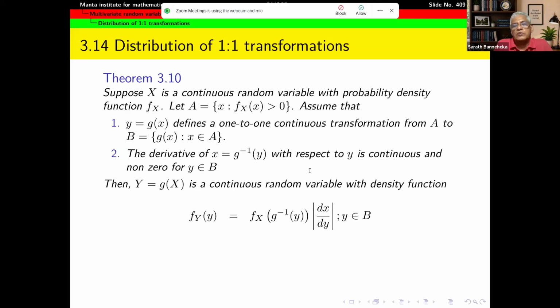Bivariate transformations. So I will briefly talk about this one also for the univariate case, and then we will discuss how to find the distribution of a bivariate transformation. So that will be the next discussion in part 3.